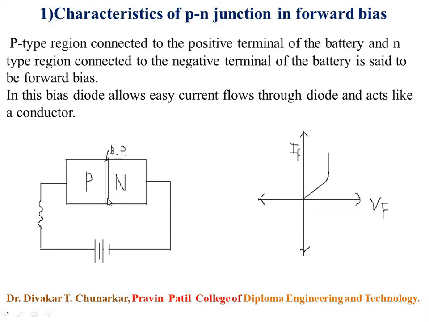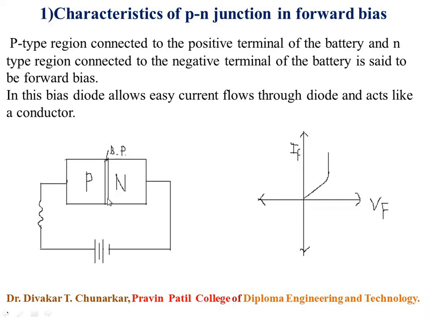In case of PN junction diode in forward bias, the negative terminal of the external source is connected to the N region and the positive terminal is connected to the P-type region.